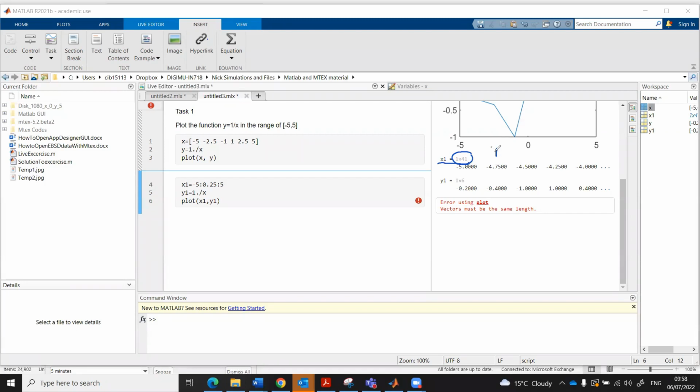So it means that this vector has 41 values. Y1 has only 6 of them. So yes, X1 has one length, Y1 has another length. So obviously I cannot plot it.